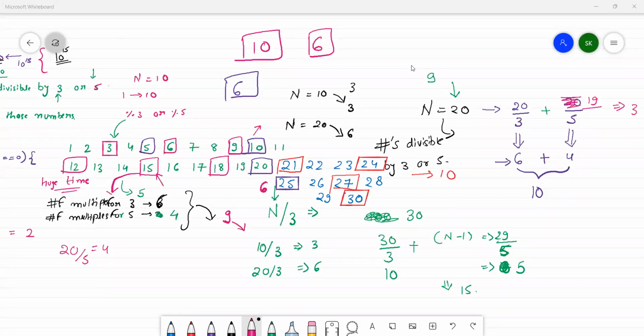Bhuvnesh, if you notice, 15 is getting repeated.